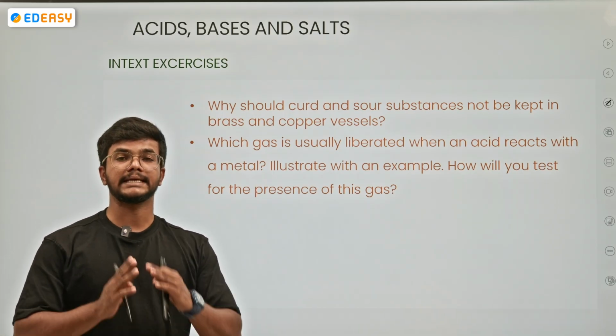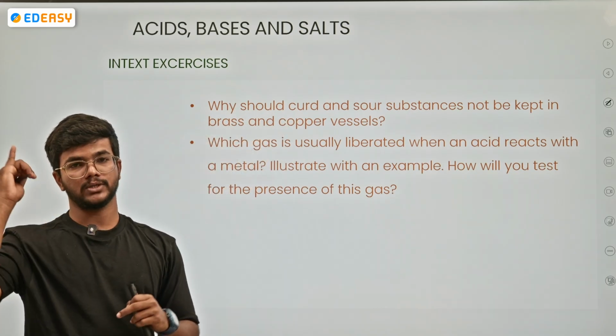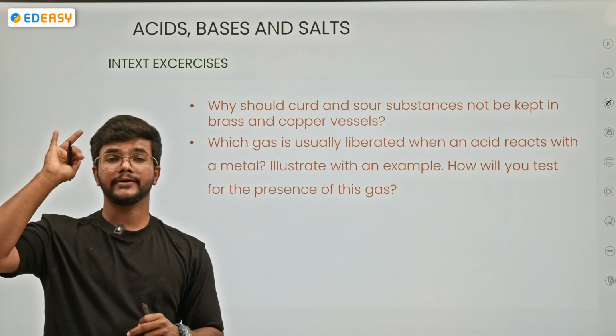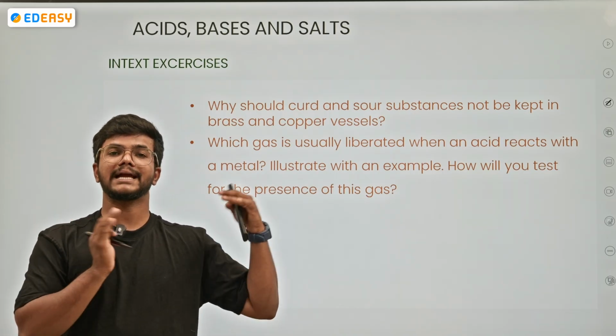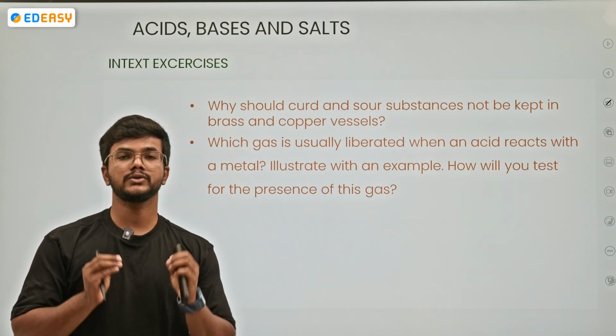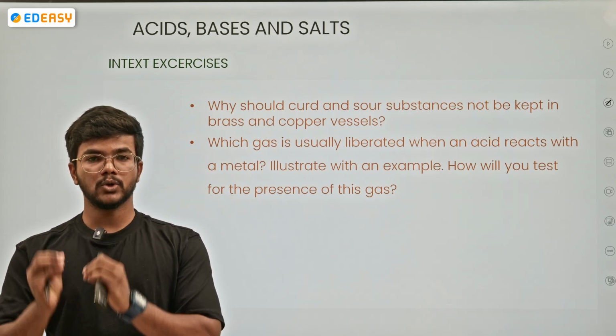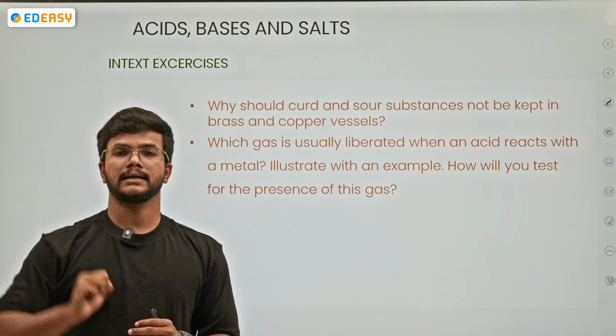Yes, they are acidic in nature. So when an acid reacts with metals, it gives hydrogen gas plus salt. Hydrogen gas is very harmful, and the salt formed when the metal reacts with the acid is very toxic. That is why we should not store sour-tasting substances or acid solutions in metal containers.